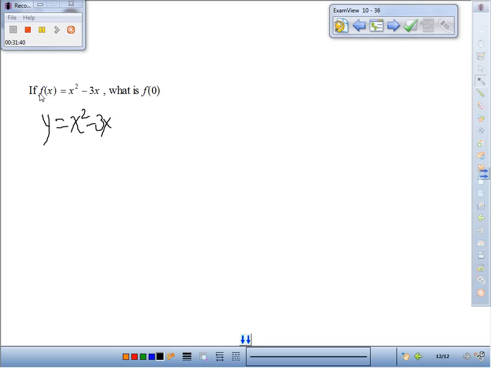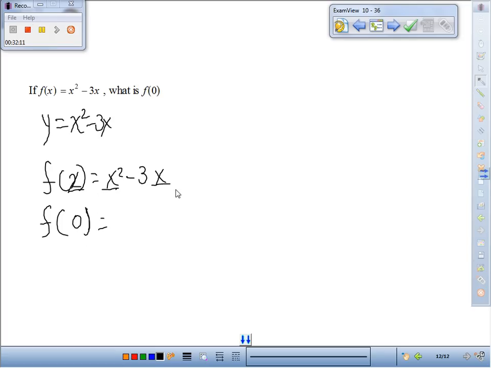But what it's saying is that it's a function. That's why they write it as function of x. That's why we write it as function of x equals x squared minus 3x. So if it's a function of x, that means x is here and here and here. So if they say f of 0, this becomes f of, instead of x, it's f of 0.